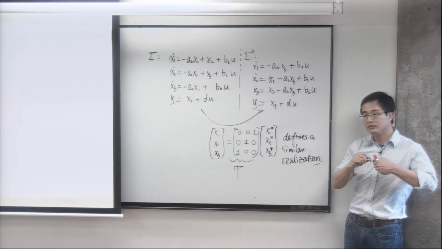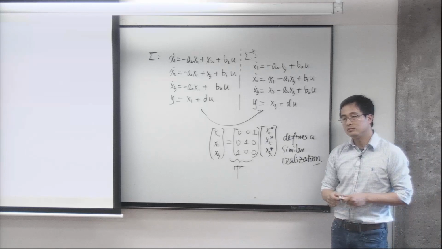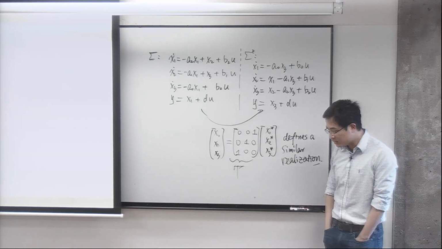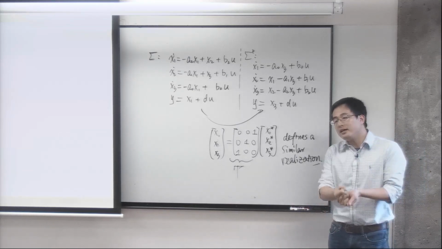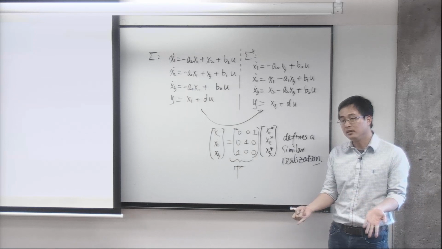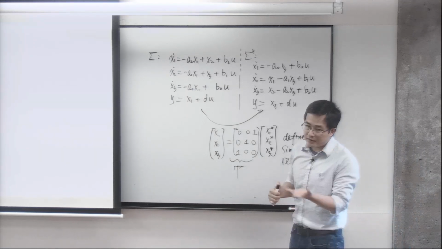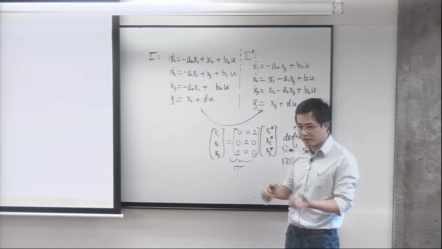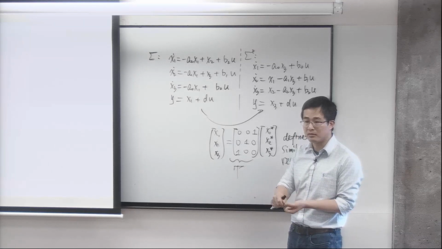Yes? Sorry, can you describe what is the definition of two similar systems? What properties do they have to have in order to be the same? Right, that's an excellent question. So the property for them to have is, in the end, they're going to have the same transfer function, right? So I will show you in a minute. They're going to have the same transfer function. And because the transfer functions are the same, the poles and zeros are all the same.